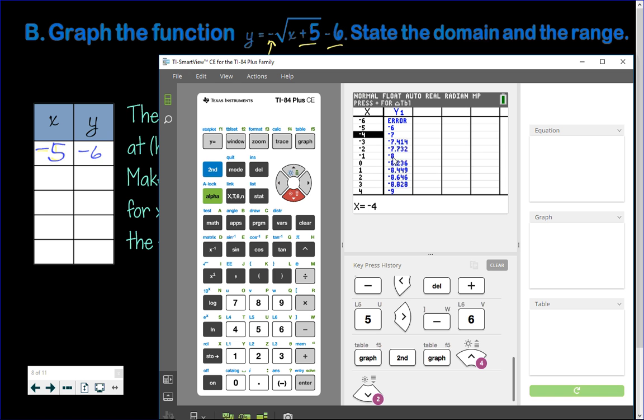Right, so here's what you have to do. You got a parenthesis in front of the X, so you have to close it with a parenthesis. Basically what that means is that the only thing that you have under the radical is X plus 5. And then minus 6, and then graph it.